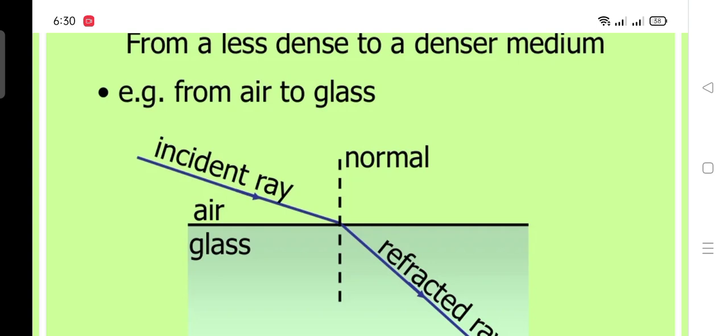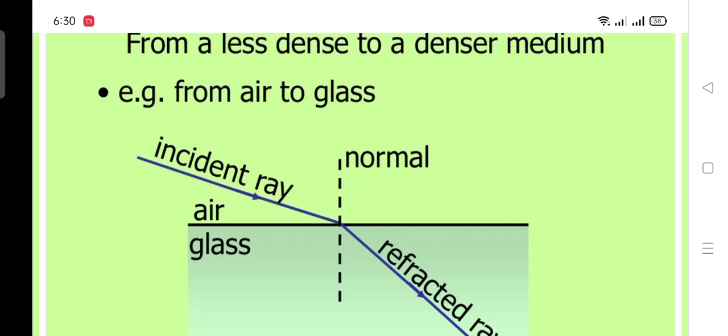The light which comes from the source and strikes the transparent surface between two different media is known as the incident ray, and after the bending of light, the ray that travels is known as the refracted ray, and between both of them there is a normal.